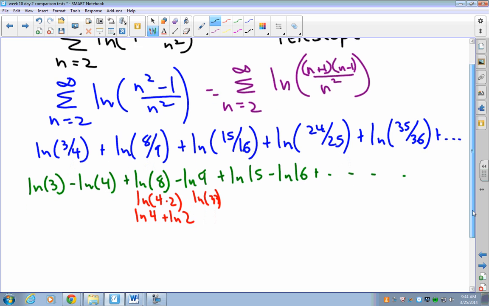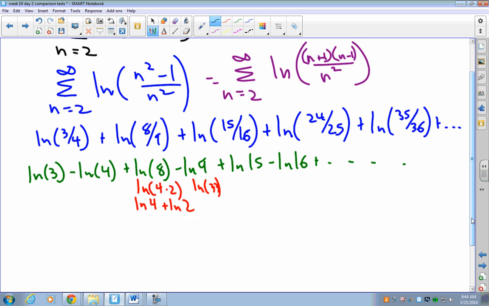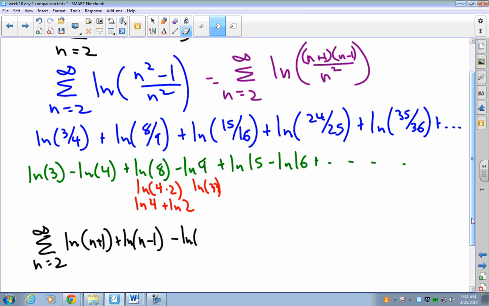Stare at the purple guy, and could that purple guy then become ln of n plus 1 plus ln of n minus 1 minus ln of n squared? What can the 2 do with the n squared? 2 ln of n? Is that the same? So n plus 1, n minus 1, those add, minus 2 ln's of n.